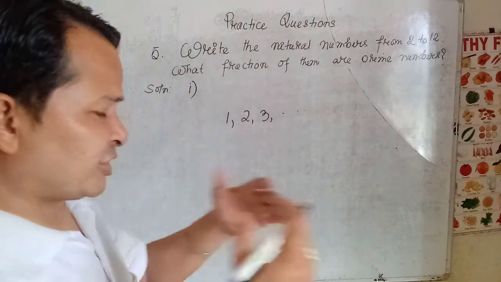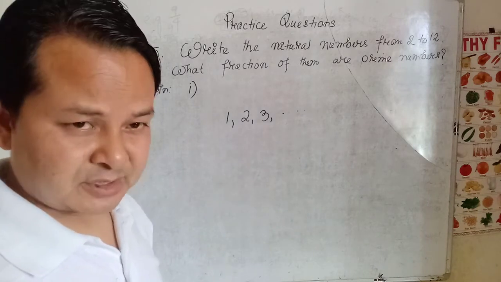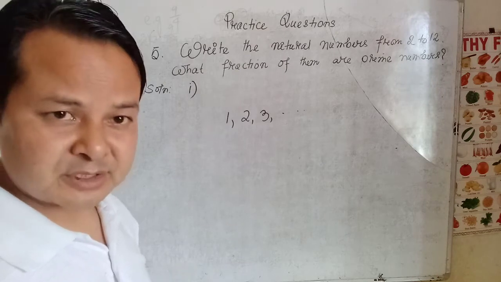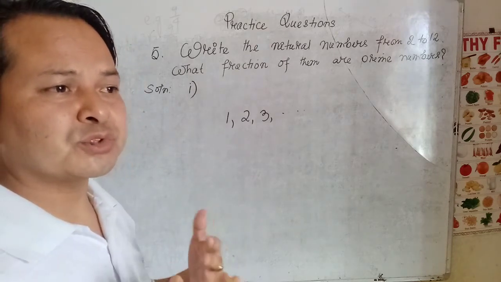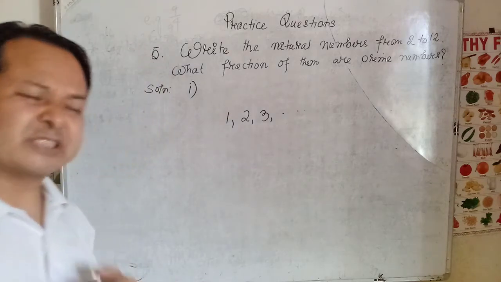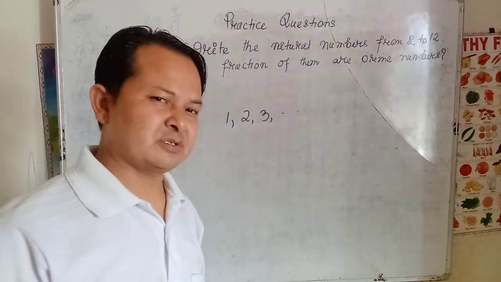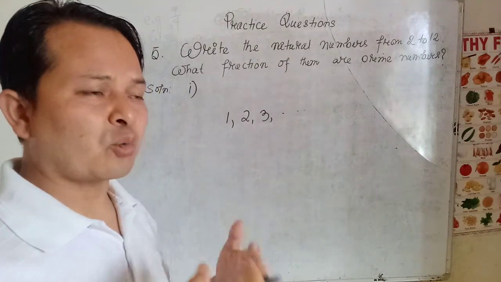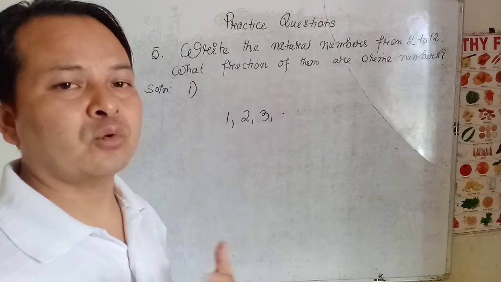That means natural numbers are counting numbers. Once again, natural numbers are counting numbers, such as 1, 2, 3 and so on. You can say it like this also: counting numbers such as 1, 2, 3 and so on are called natural numbers.